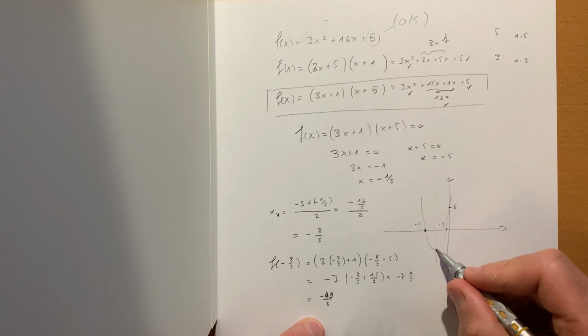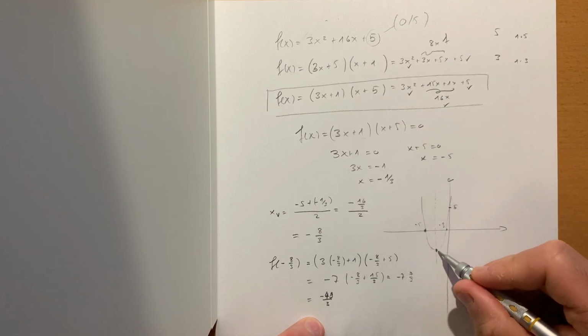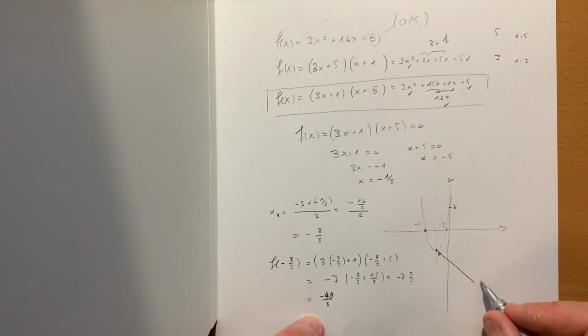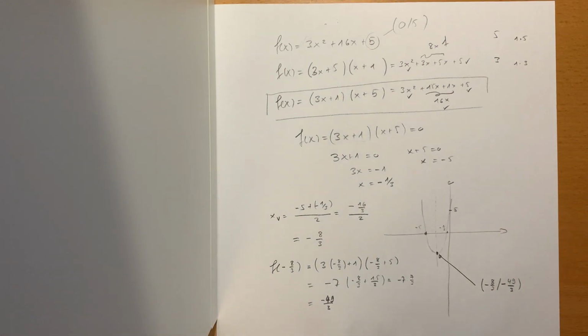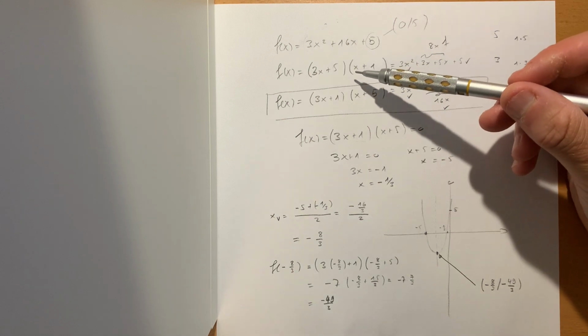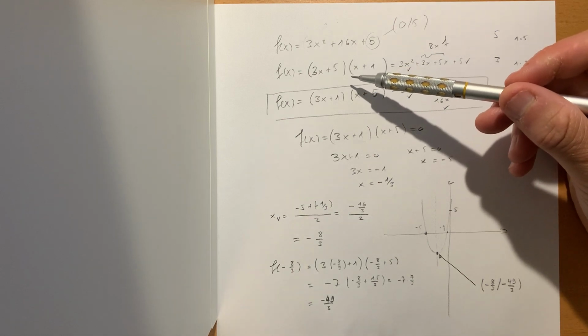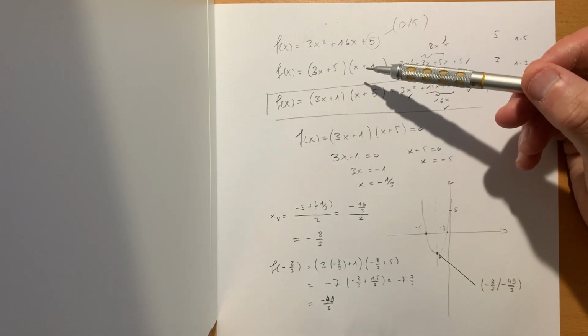So your vertex is at minus 8 thirds, minus 49 thirds. So you could have done it like this. But oftentimes you'll use a method that we will introduce in a few lessons' time.